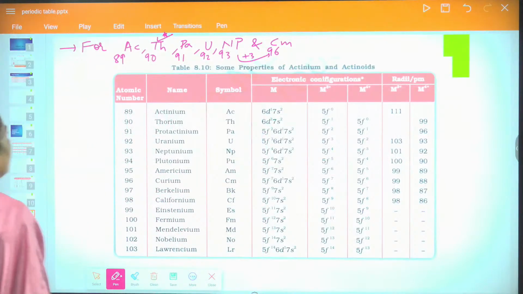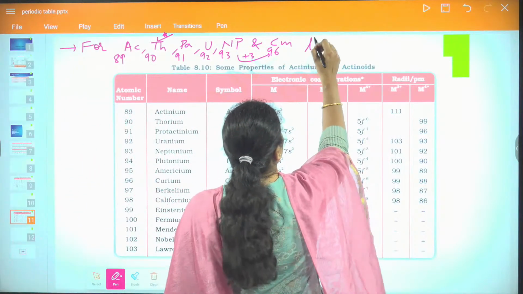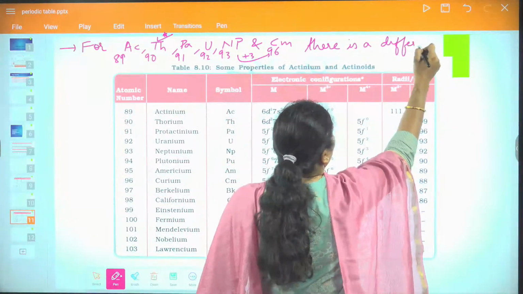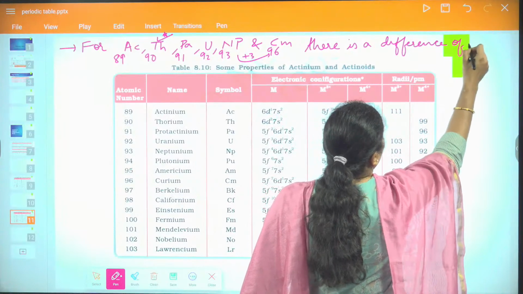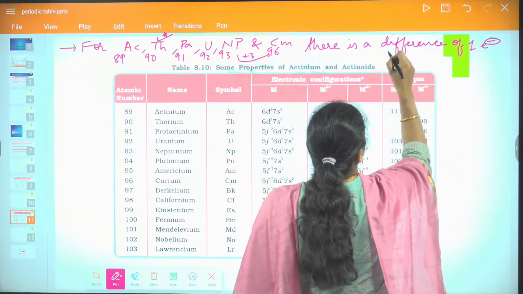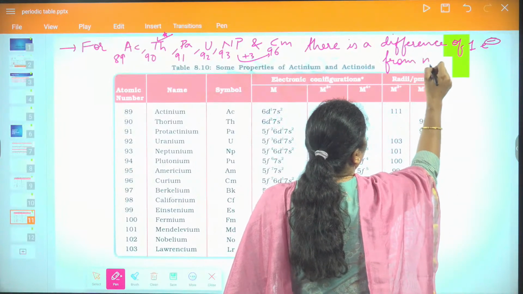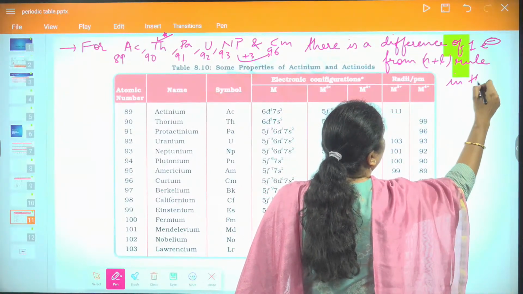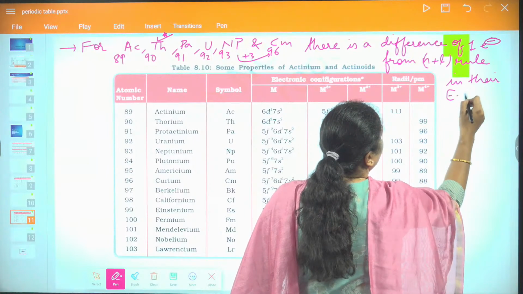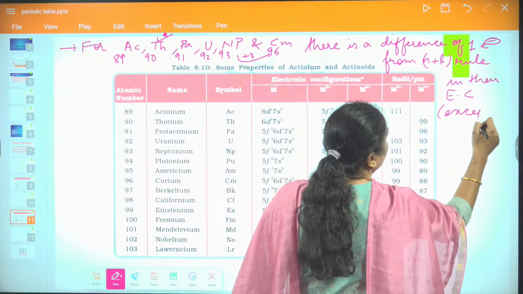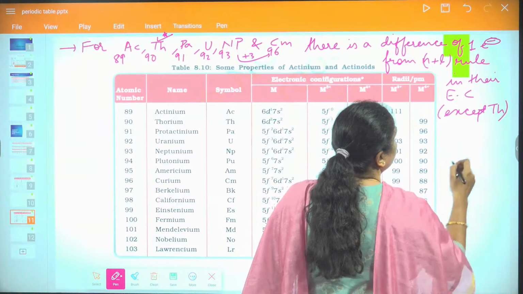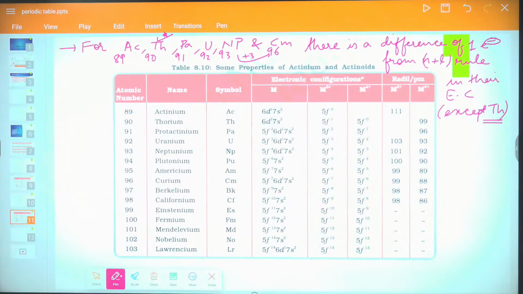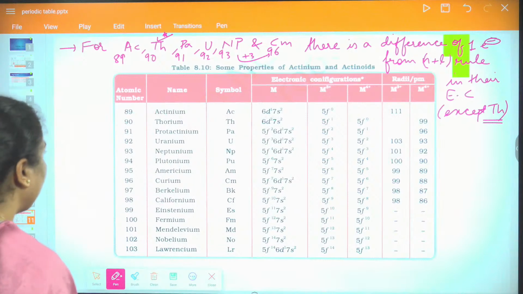So for these elements, there is a difference of 1 electron from the n plus l rule in their electronic configuration, except thorium, except thorium. So first write this down.